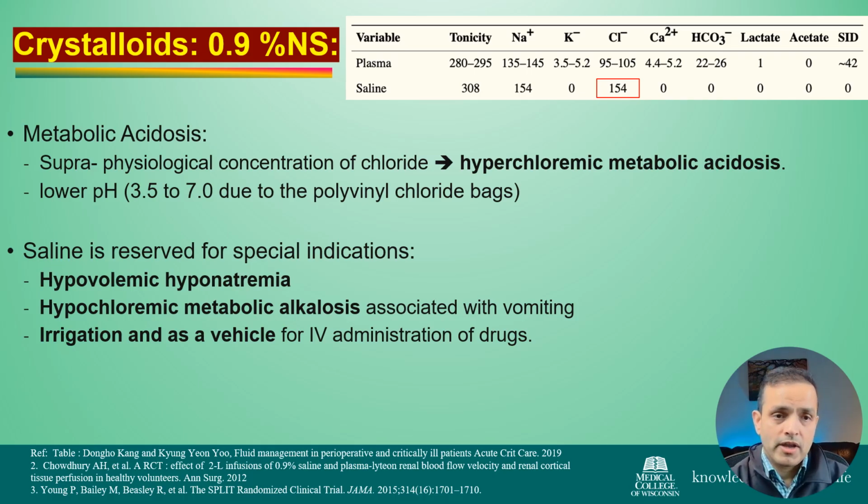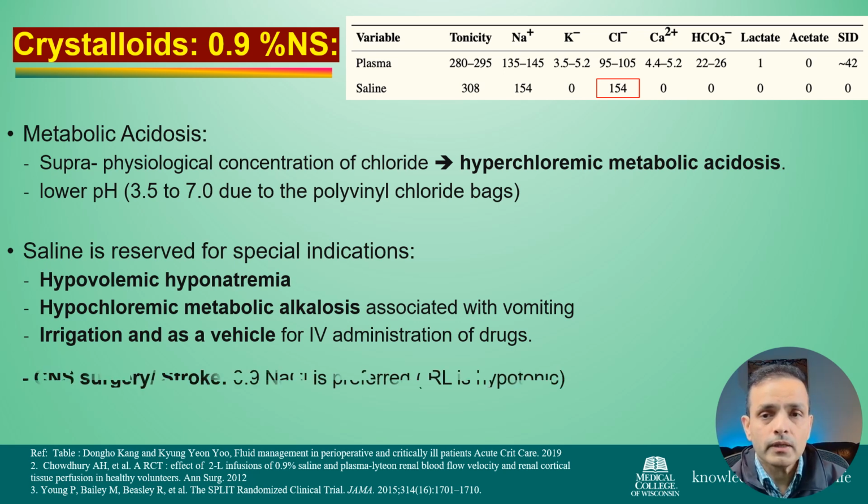Remember, you have to use 0.9% normal saline with a blood transfusion. You cannot use ringer lactate because ringer lactate has calcium. Last but not the least, this specific indication of 0.9% normal saline has been validated in many different randomized control trials.